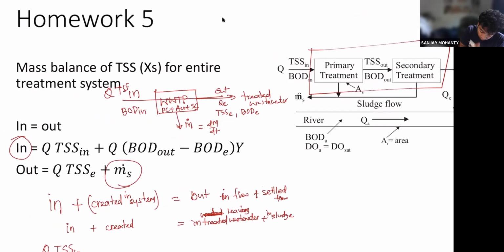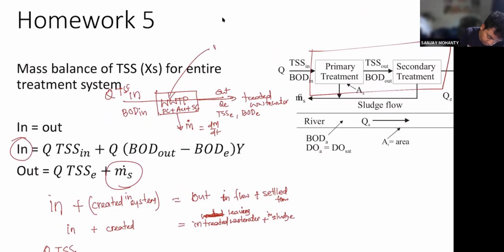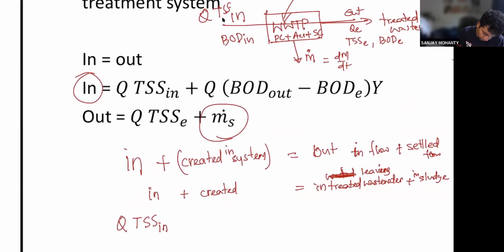And what is happening inside is the reaction. All the reactions are happening inside. If it's BOD, then it is destroyed, and if it is suspended solid, then it is created. Okay, so let's see what you write for this one.